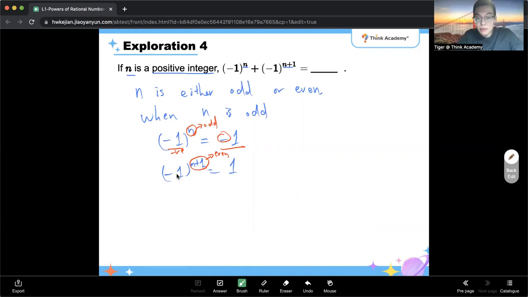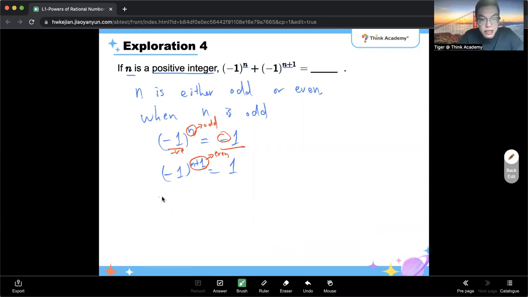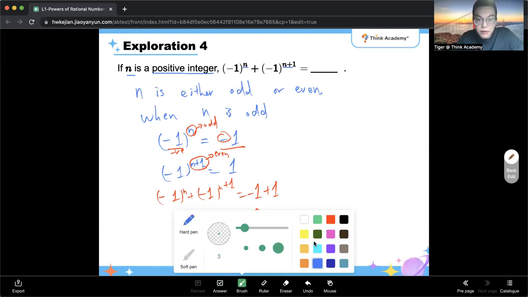So when I'm adding them up, what I have is going to be -1 adding 1, which is 0, right? And similarly, that works the same way when n is even.